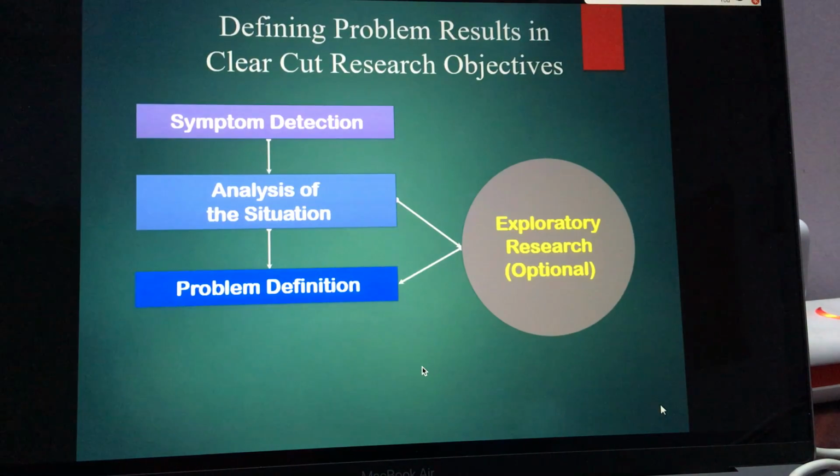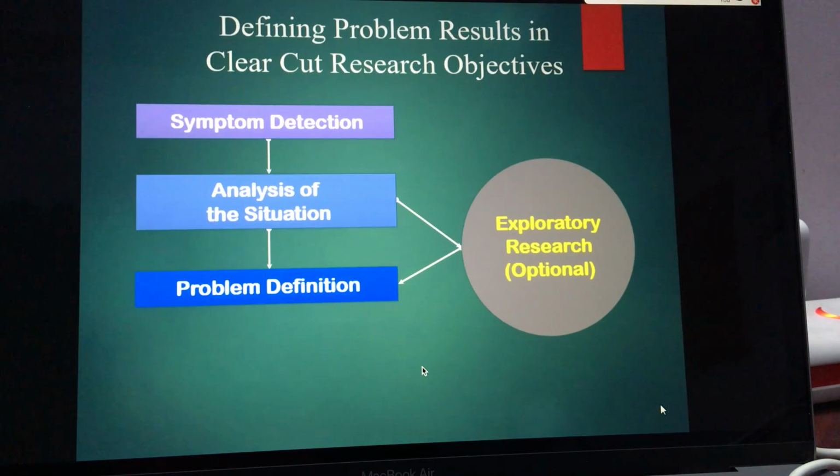That could be an interesting research question. All these interesting research questions will come to you when you look at your data, when you know your organization and your process. That is what we call symptom detection.